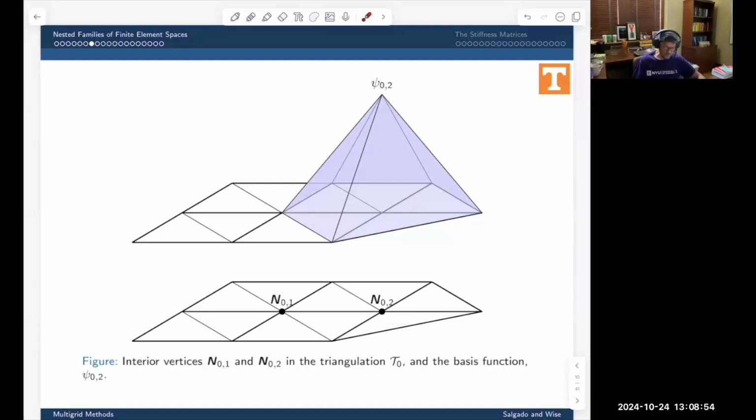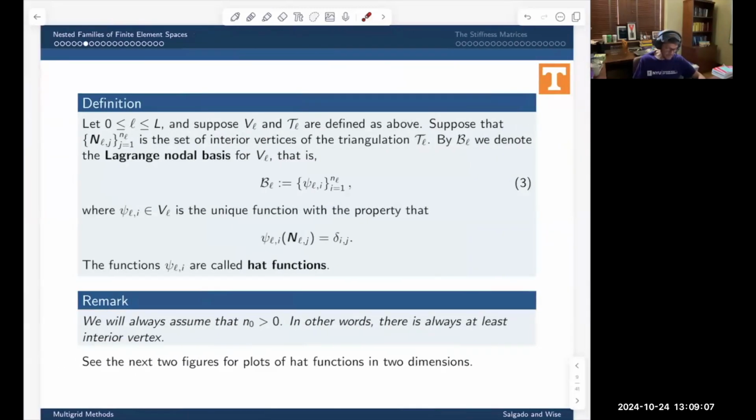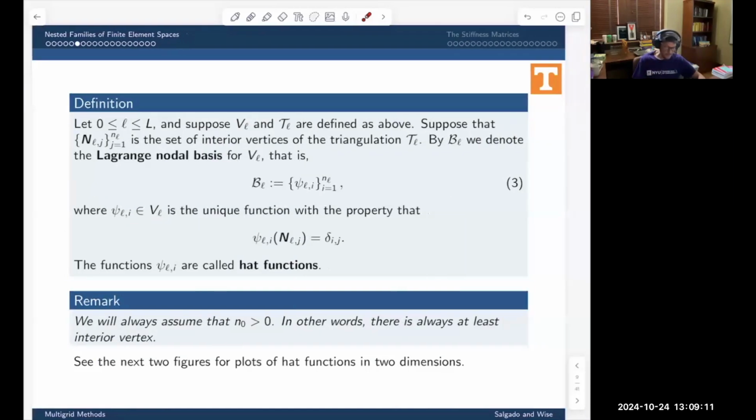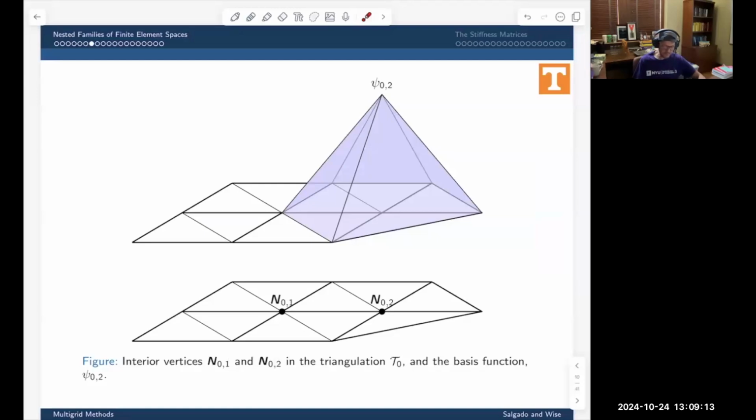So let's consider the function which is 1 at this node and 0 on all other nodes. Well, there's only one other node in this triangulation. And remember, every hat function has to belong to the finite element space. That's a requirement. So that means it has to be 0 on the boundary. And by the way, sometimes these are also called tent functions for obvious reasons.